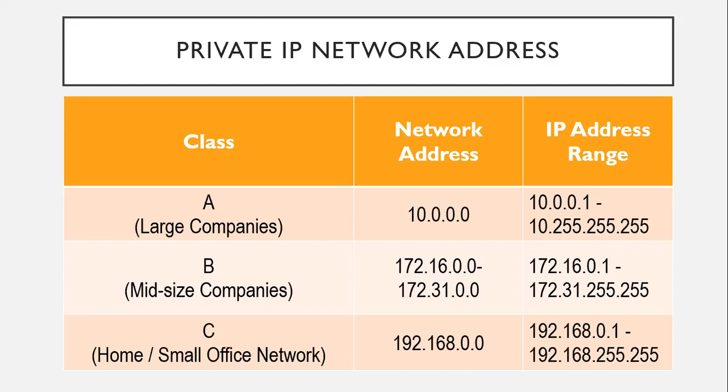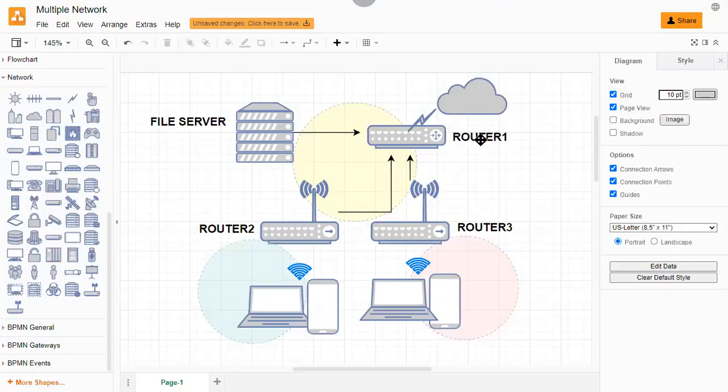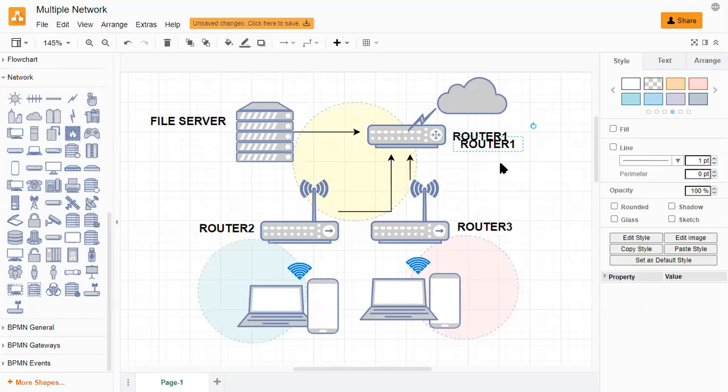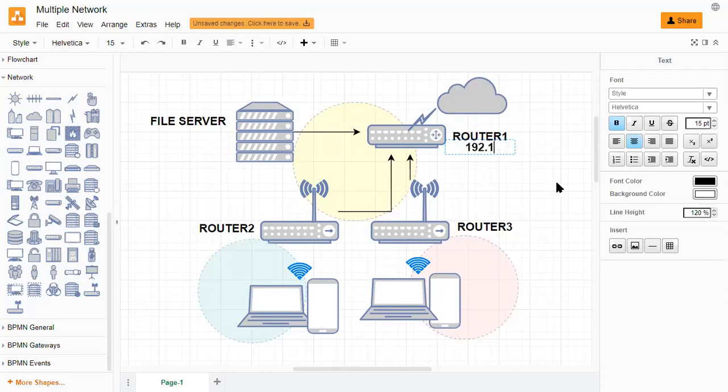So going back to your diagram, we will assign an IP address to this router, which is 192.168.0.1.